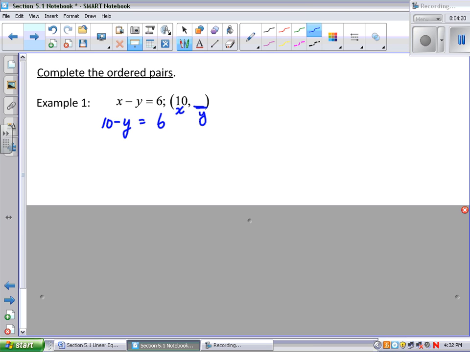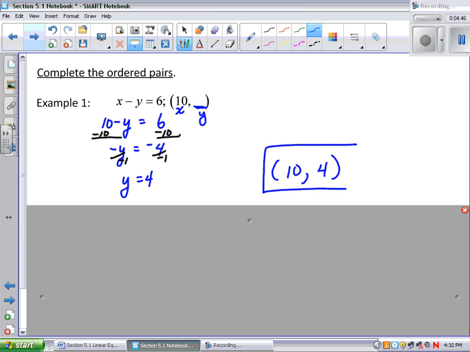Using my equation solving skills, I'm going to move 10 to the other side by subtracting it, once on the left and once on the right, and I get minus y equals -4. Divide both sides by -1, and we get y equals 4. So my completed point is the point 10, 4.